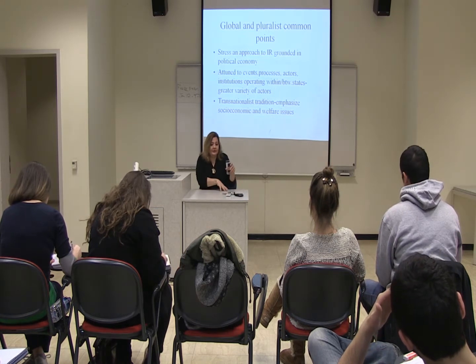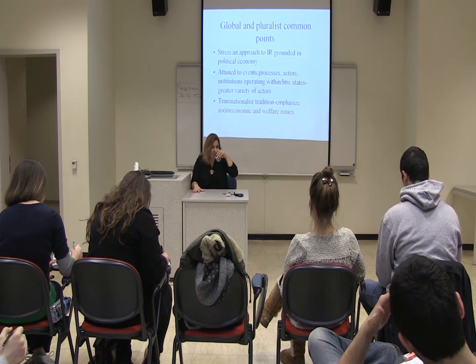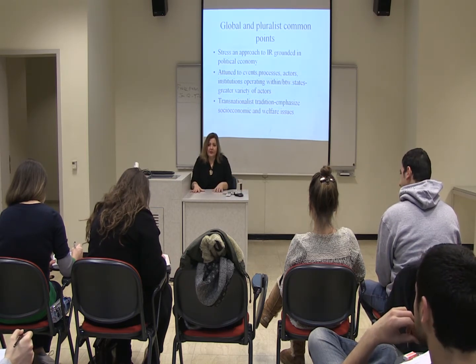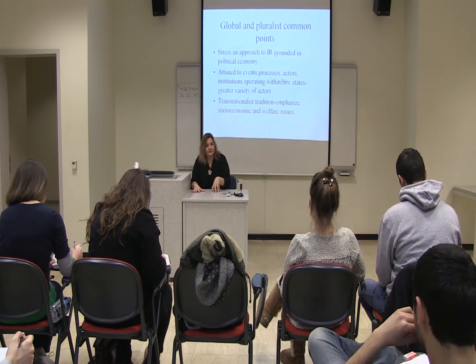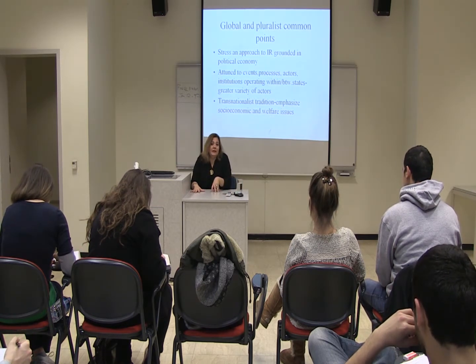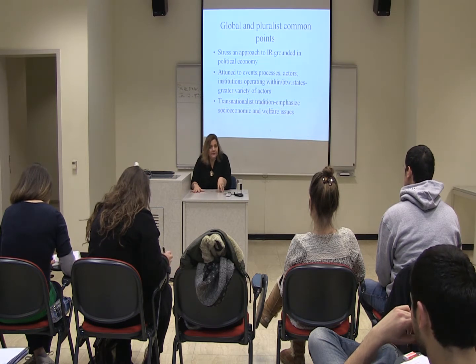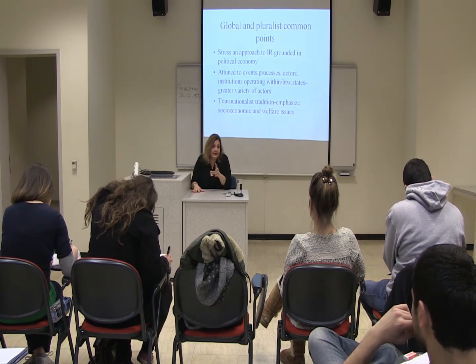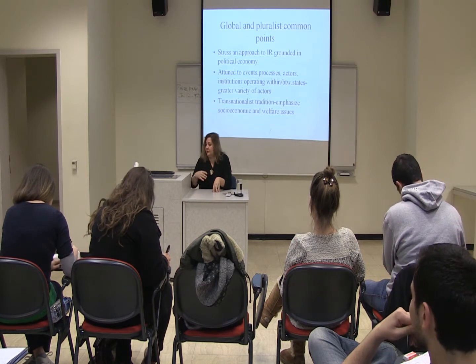So if you look at these three paradigms, realism, liberalism, and globalism, you actually see over time the increase in the relative importance of economic interests, where liberals see an equal value with security concerns. And when you come to the globalists, economics trumps them all.